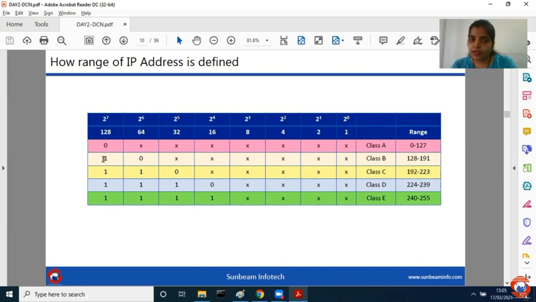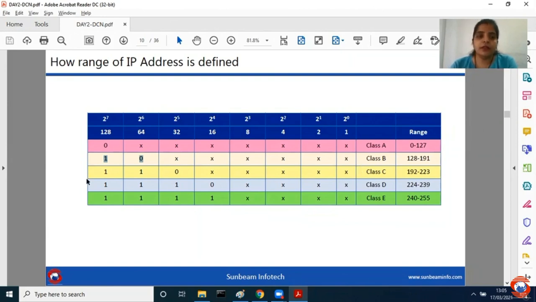If the first octet starts with 10, it is 100% class B. What I'm trying to say is, any number between 128 and 191, if you convert it to binary, those two bits will always be 10, 100% sure. The remaining bits will change. For example, 128 gives 10000000, 129 gives 10000001, 130 gives 10000010, and so on. 191 gives 10111111, right?